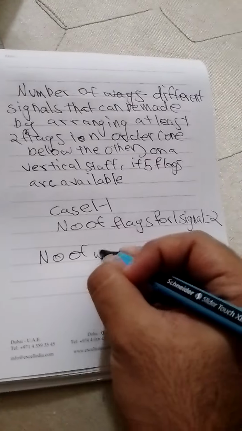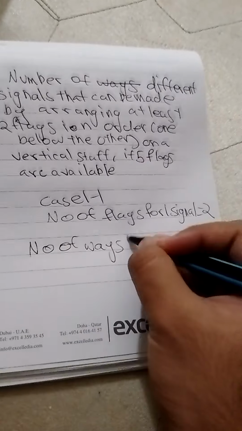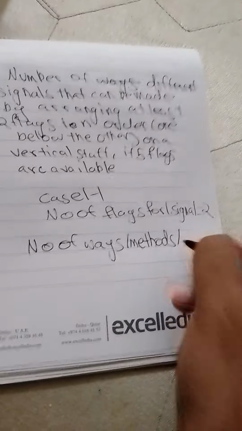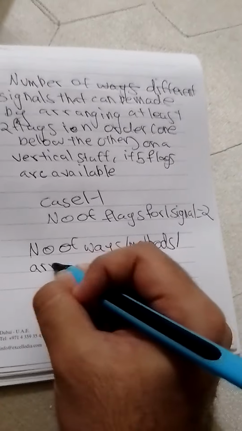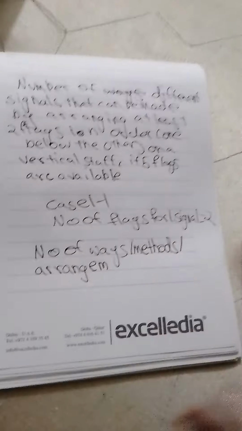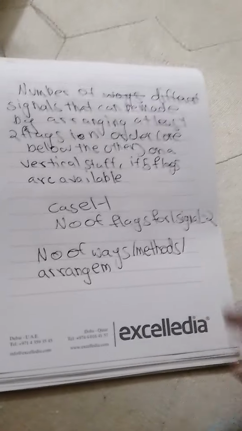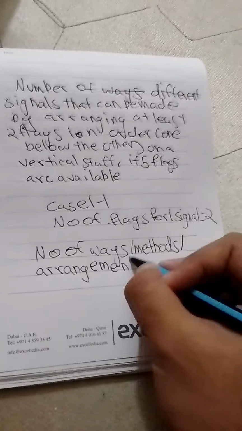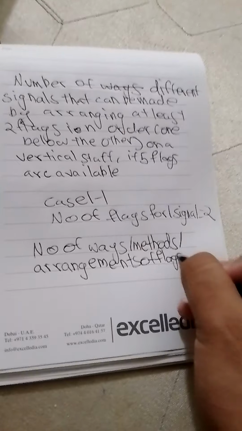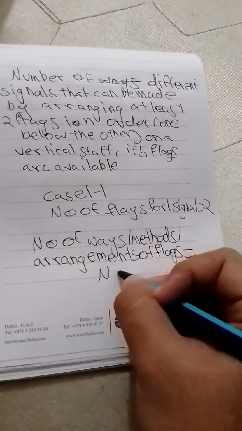Number of ways or methods or arrangements of flags. This is the question. If you arrange a certain number of flags, you get one signal. Alright, so number of arrangements of flags is equal to number of signals.